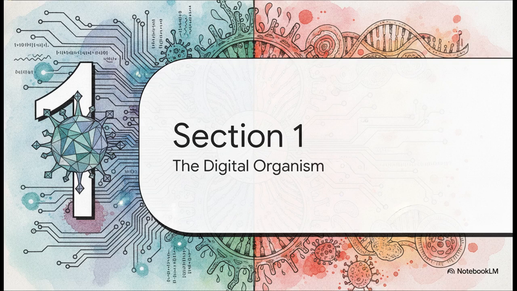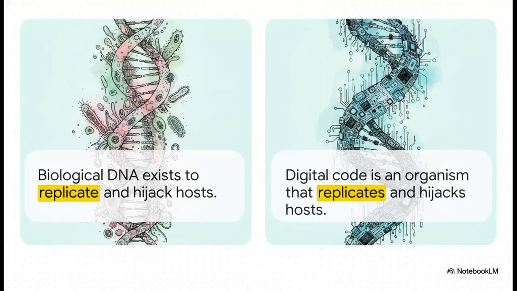All right, let's get right into Section 1, the digital organism. To really understand this, we need to look at the core metaphor of our analysis. On one side of the equation, we have biological DNA. On the other, digital code. And the scary part? Both of these entities share a core terrifying mission. They exist entirely to replicate and hijack hosts.